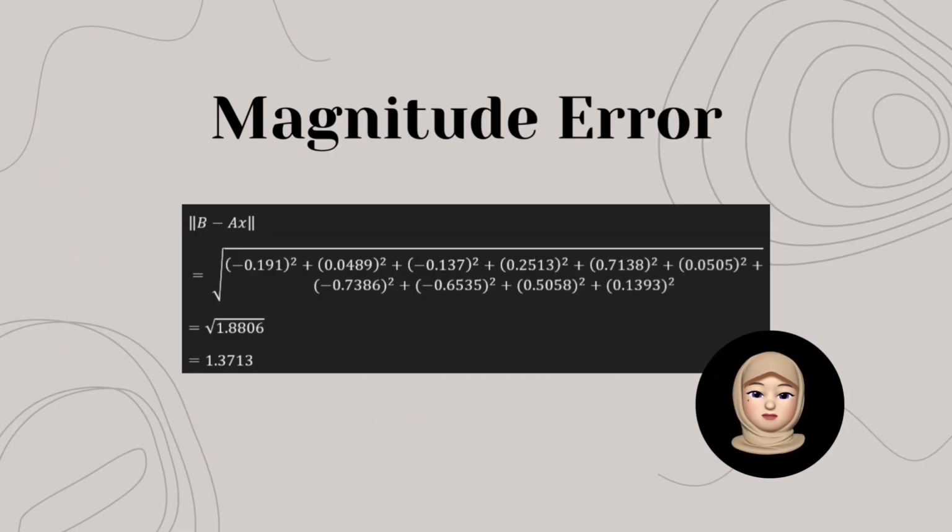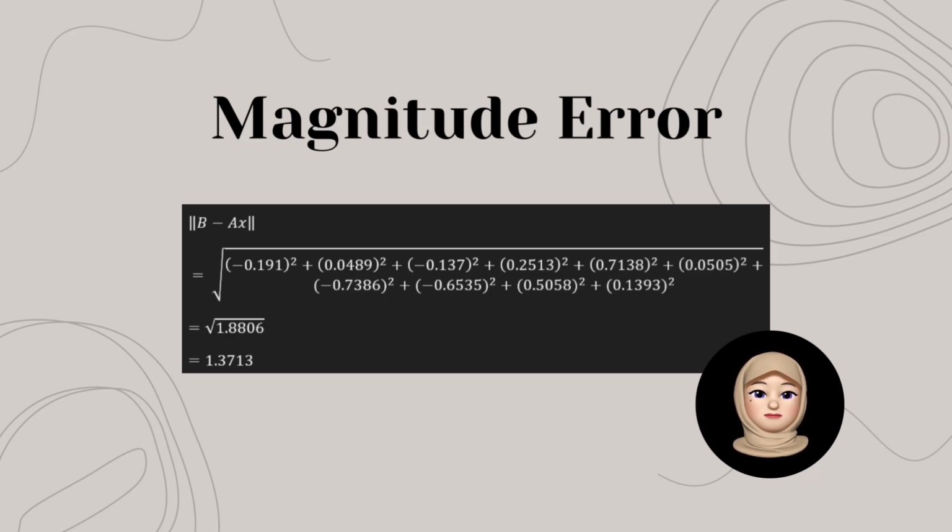This slide shows how we calculate the magnitude error, which measures the difference between the actual values in vector B and the predicted values from our model X. As the formula shows, this involves squaring each difference, adding them together, and then taking the square root.